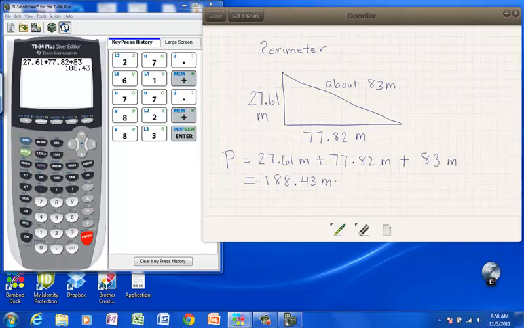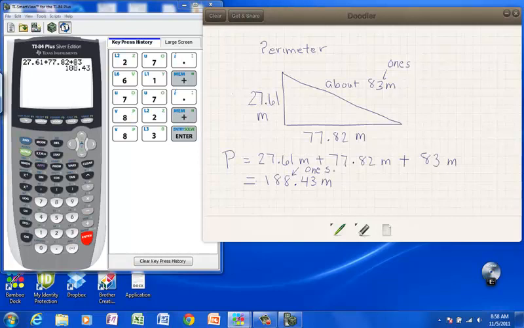Now the problem with that answer is that if I look at it, I think, well, gee, this perimeter is measured clear to 1/100th of a meter, which is a centimeter. And it turns out that because this side was approximate, these last digits could easily be very different because this number only has precision or place value to the ones place. So if I only know the answer to the ones place, when I come down here I should only know the answer to the ones place.